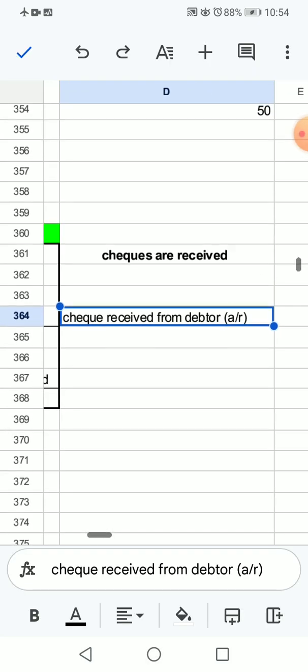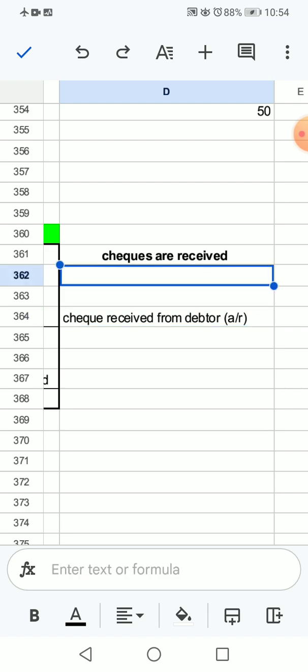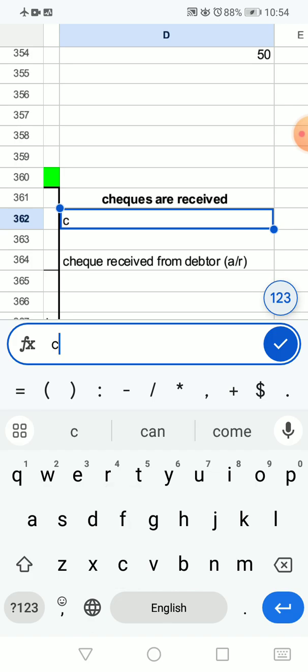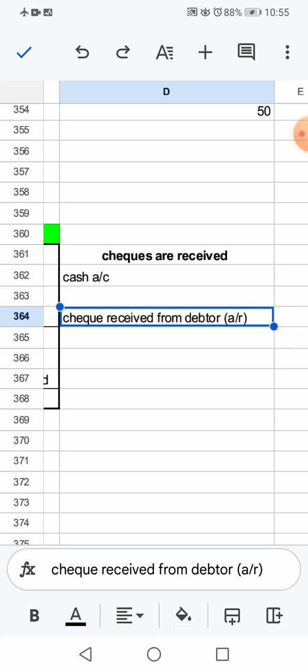Now here you will understand, if you have just received check from debtor and you have not deposited that check into your bank account, it means amount present in your bank account will not increase. Until then you will consider it as your cash. Kindly understand it. If you have not deposited that check into your bank, it means bank has no relation with this entry.